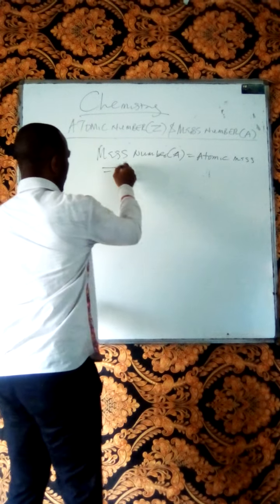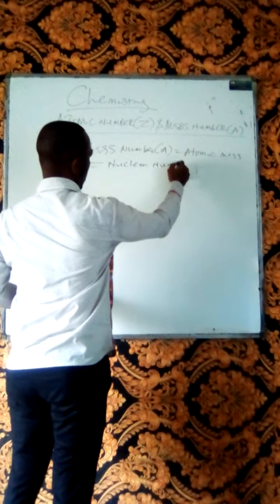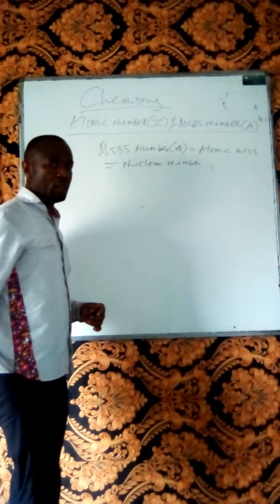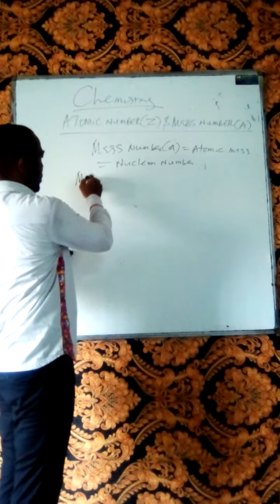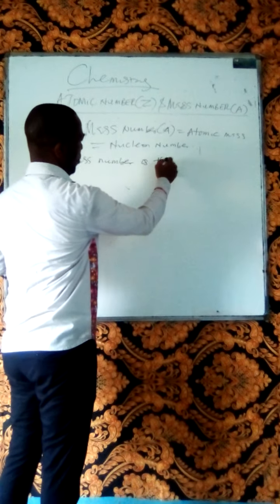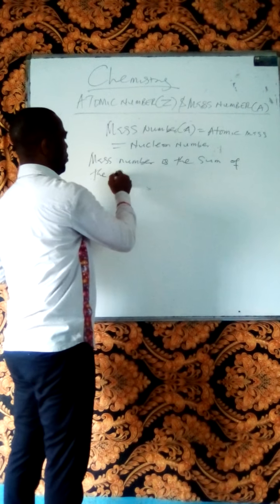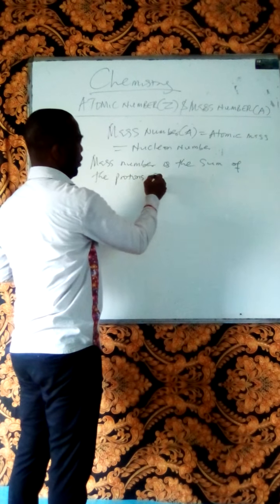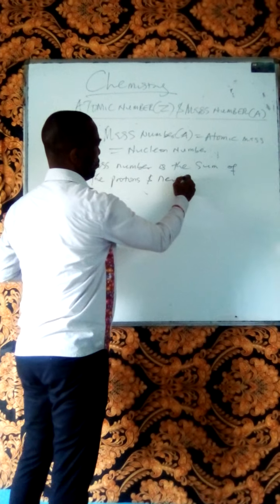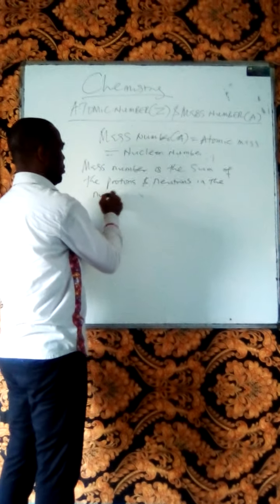Or you can still call it nucleon number. So why is mass number called the nucleon number or atomic mass? Mass number in chemistry is defined as the sum of the protons and neutrons in the nucleus of an atom.